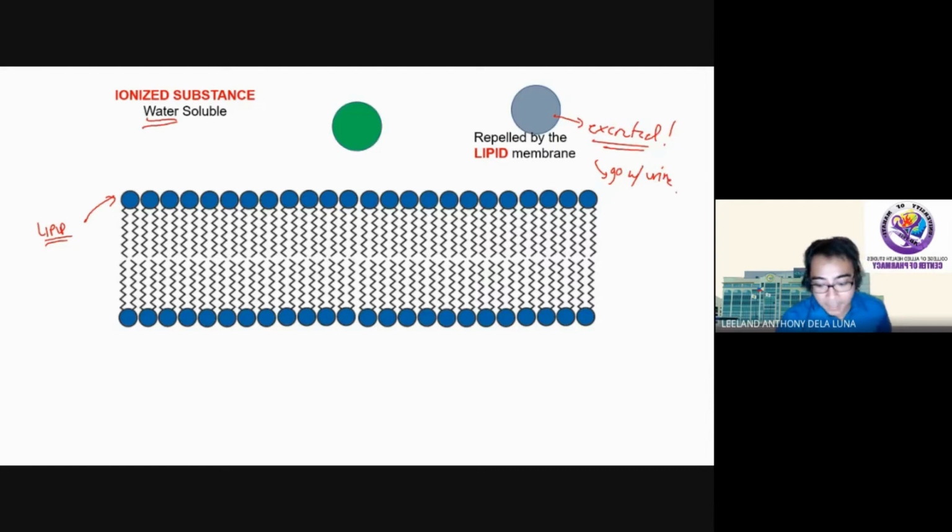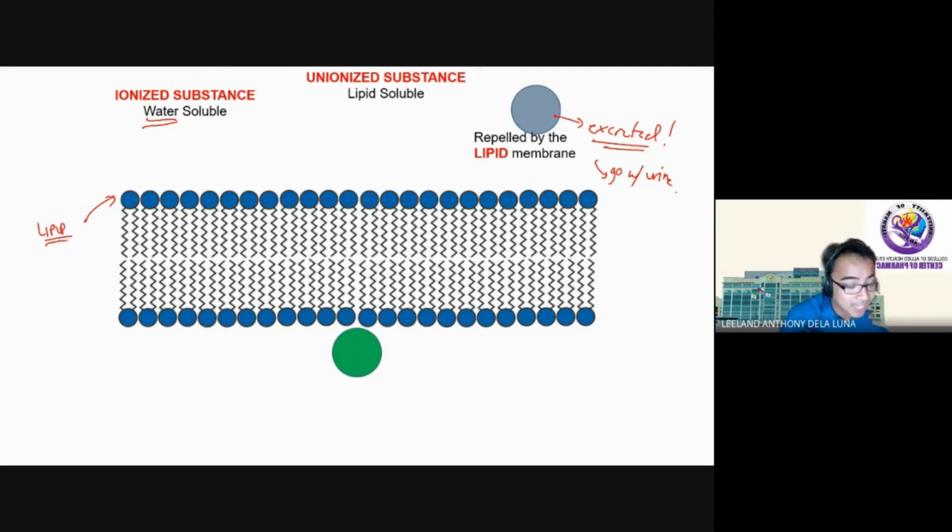Okay. What about class for a substance that exists in its unionized state? It's lipid soluble. So sabi natin, di ba isa sa mga basic concepts natin in solubility is that like dissolves like. Correct? Unionized, lipid soluble siya. Papasok sa lipid membrane, so like. Tatagos lang siya. Okay?